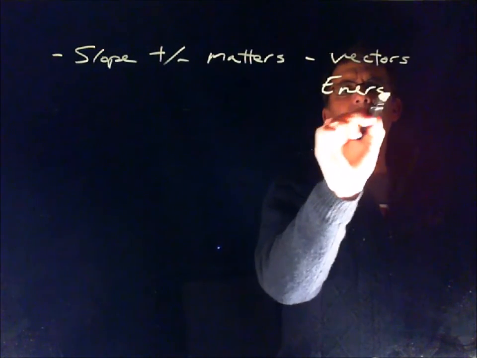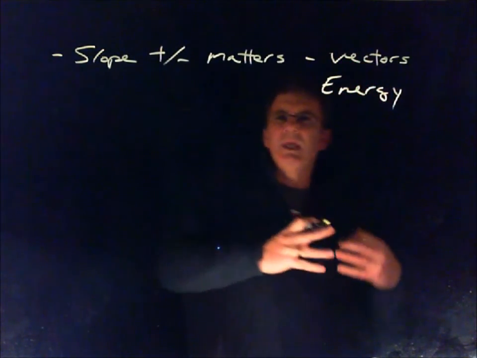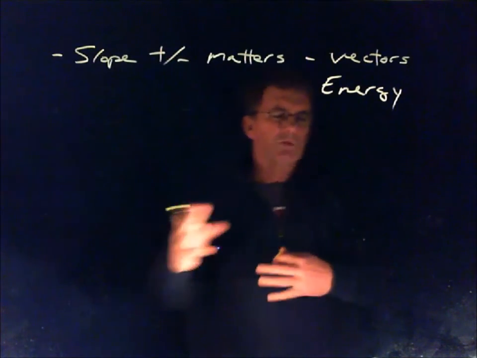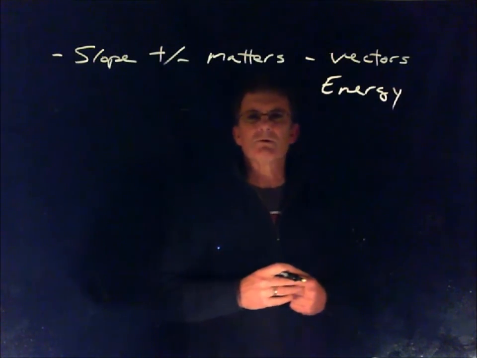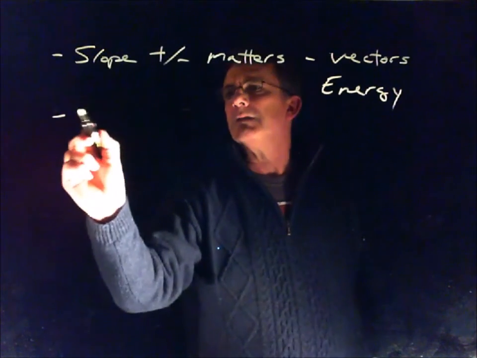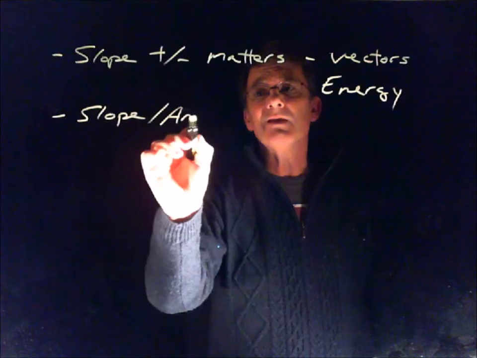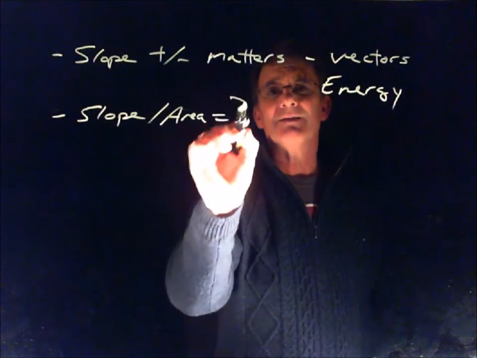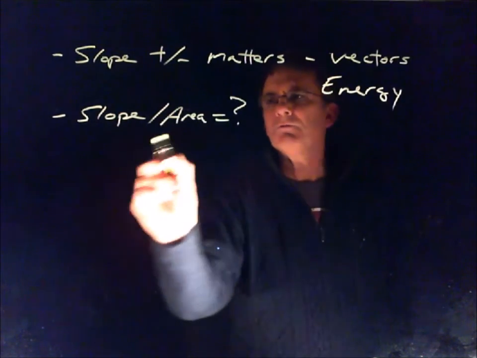From Unit 3, we talked about positive work and negative work. Positive work, we're adding energy to it. Negative work, we're taking energy out. And so this information is also conveyed in the graph. Keep in mind that the slope or the area might not mean anything. If you're not sure, look at the formula sheet.